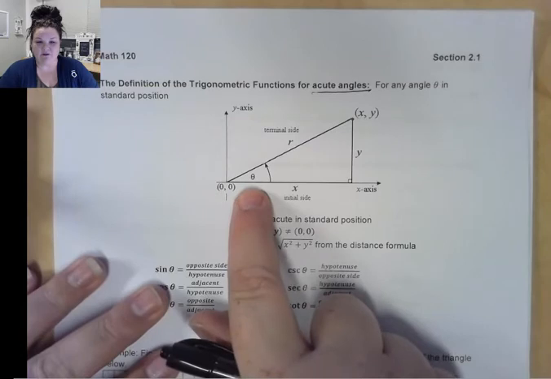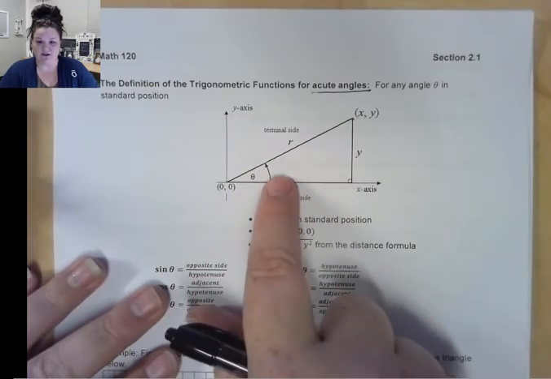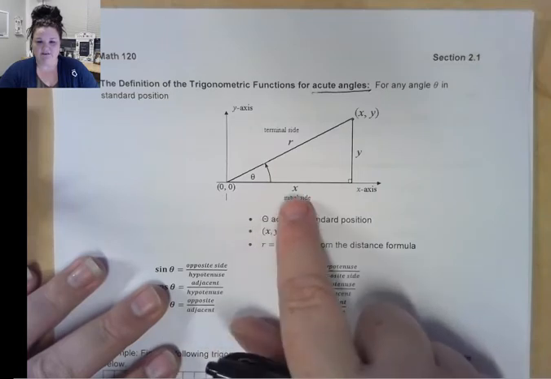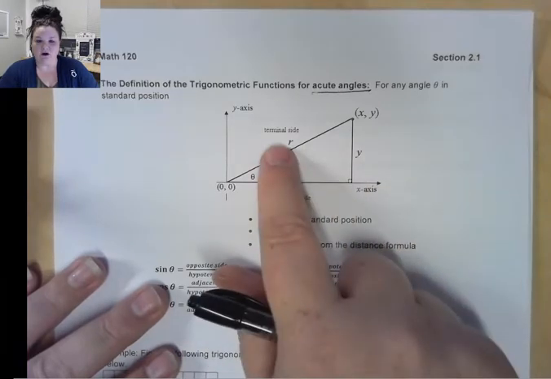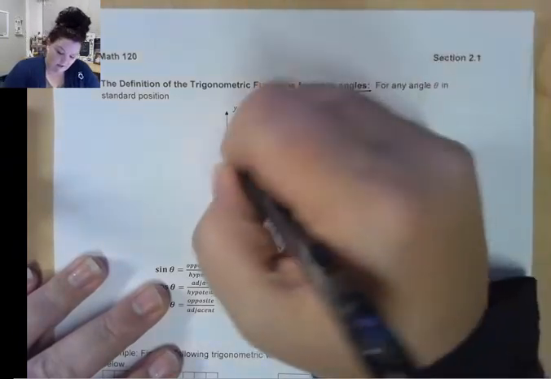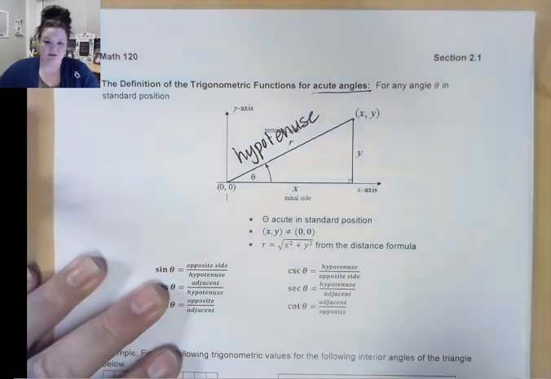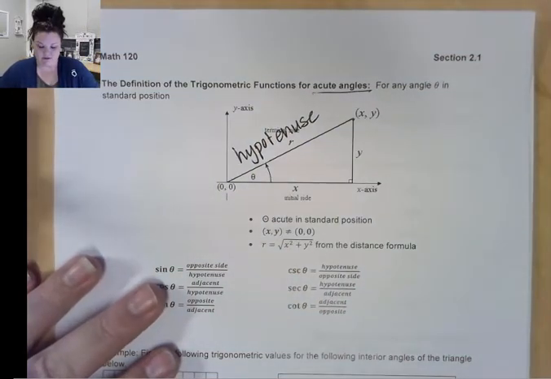If I have this angle in standard position here, and obviously it's acute, it's less than 90 degrees. Instead of thinking about this as x, y, and r, normally with a triangle, the longest side is the hypotenuse, so we're going to label that as our hypotenuse.